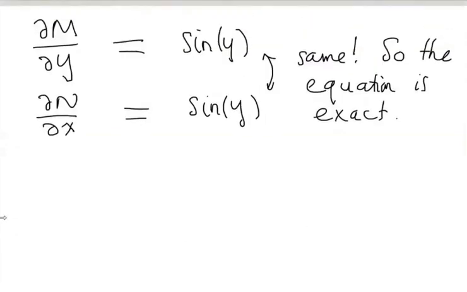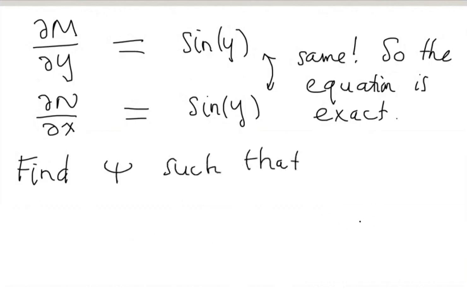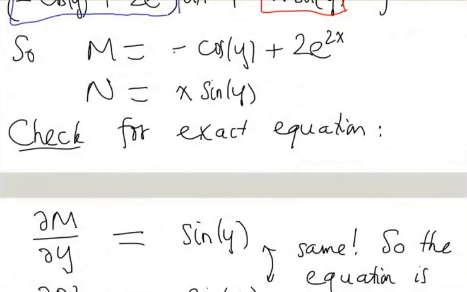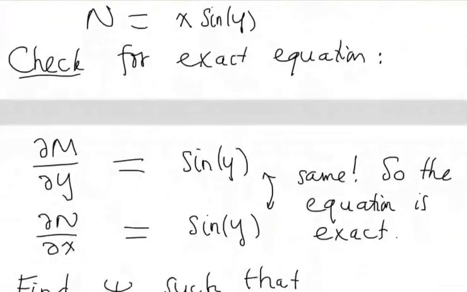Once the equation is exact, we can go ahead and find the potential function, find psi, such that partial psi partial x is our m, which is way up here, minus cosine y plus 2e to the 2x.